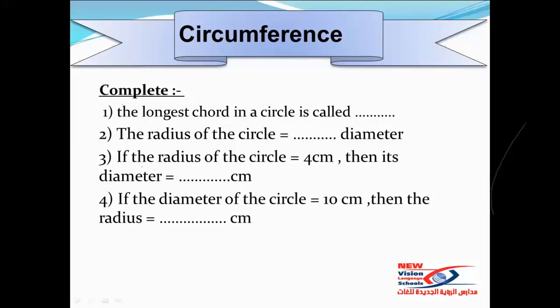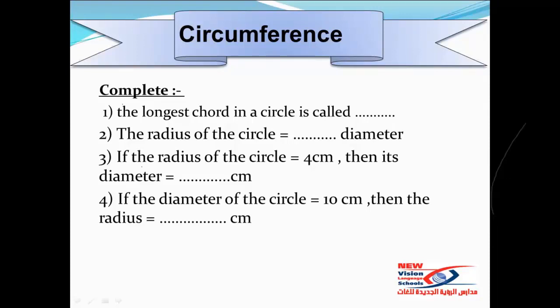Asil, open your mic. Can you tell me the meaning of radius? Lama, open your mic. Muhammad, open your mic. Tell me the meaning of radius. It's half of the diameter. Excellent.